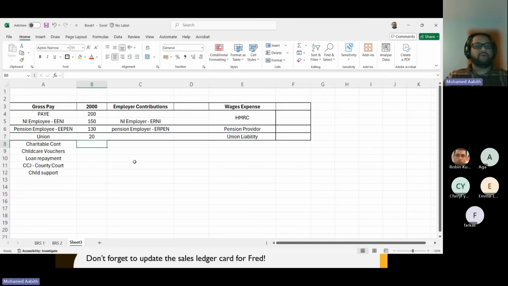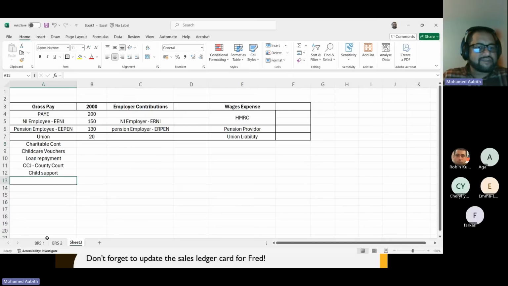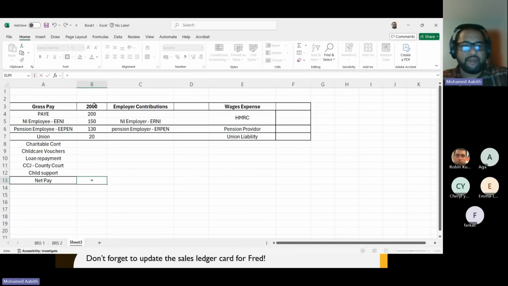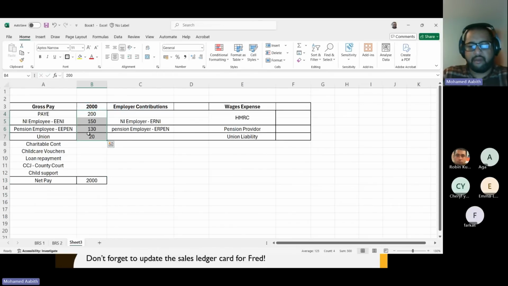So these are your deductions. Once they've done all of that, you have something called your net pay. This is the amount you're finally going to end up having. How much is your net pay in that scenario? It's going to be equal to that minus the sum of all of those numbers.